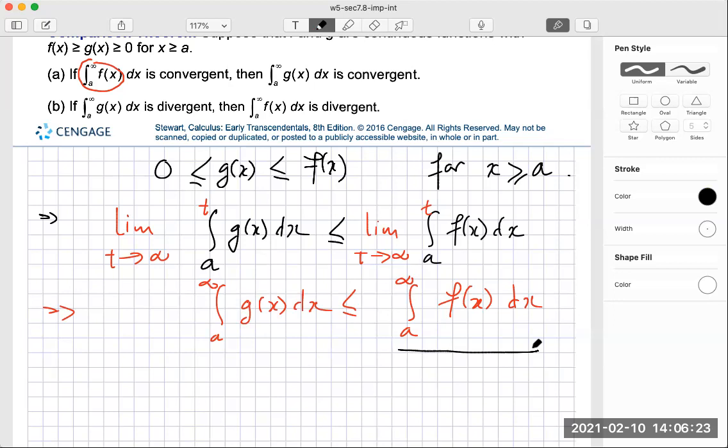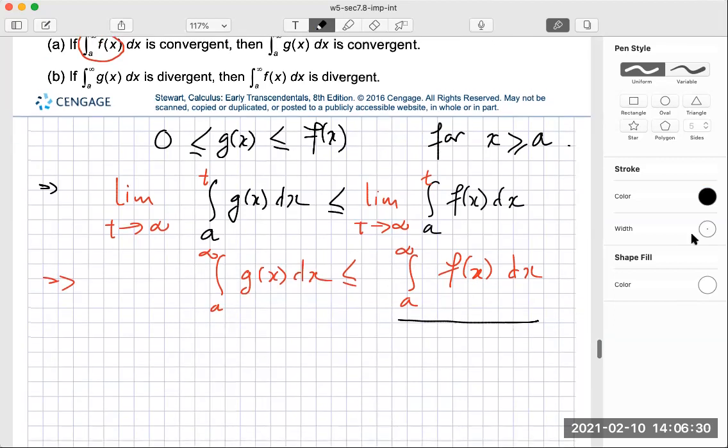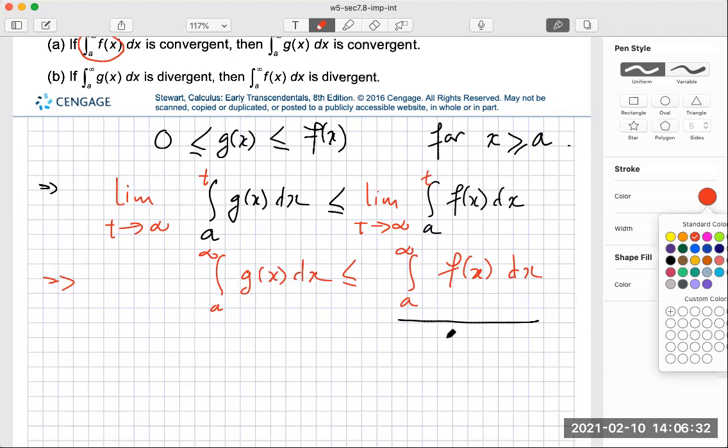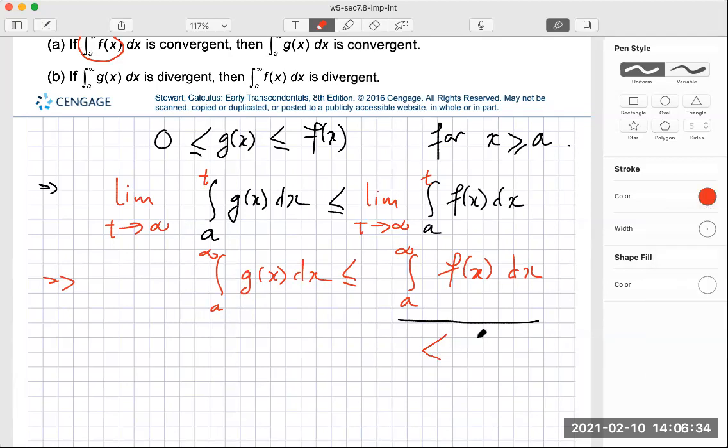So look at this relation, inequality. They say that if this integral is convergent, it means that this one will converge to a number, or mathematically, we write it this way, smaller than infinity. Okay, it means it converges to a number. The bigger guy converges to a number.